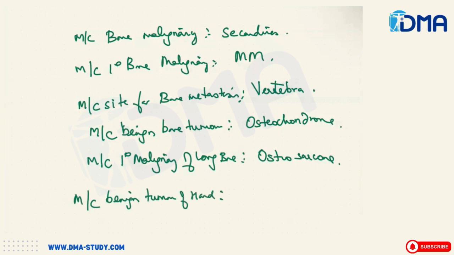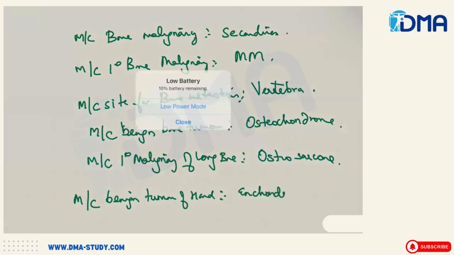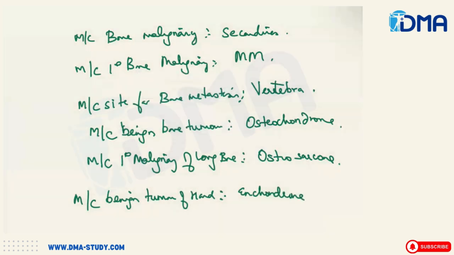Most common benign tumor of hand will be enchondroma. Right? These will be the MCQs in regard to the tumors of the bone. So these are the important things in orthopedics that you have to know for your examination. So I'm finishing my orthopedics.